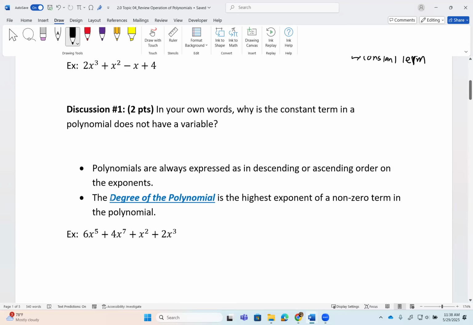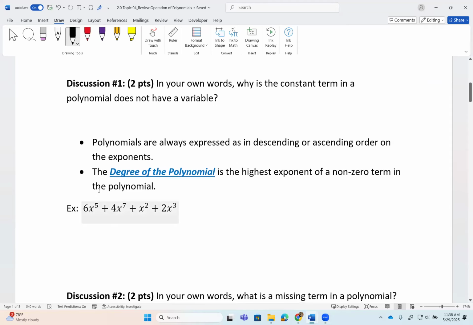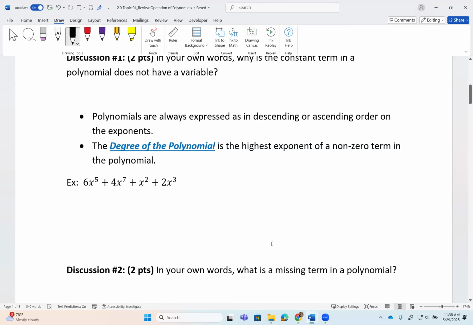What is so-called the degree of a polynomial is referring to the highest exponent of a non-zero term in a polynomial. So here, if you actually look at this example, the highest exponent that we see here is the 7th power. So the degree of the polynomial is 7.